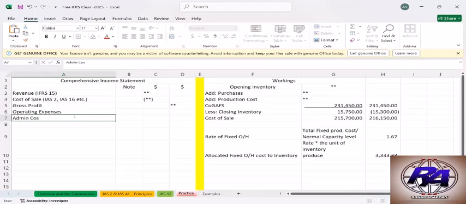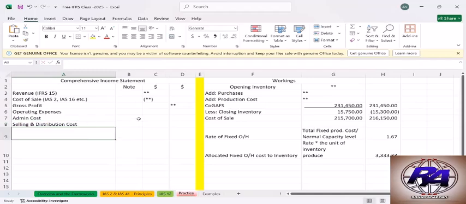You get admin costs. We also have to get what we call selling and distribution costs. Then if you less these two costs, we get our operating profit.